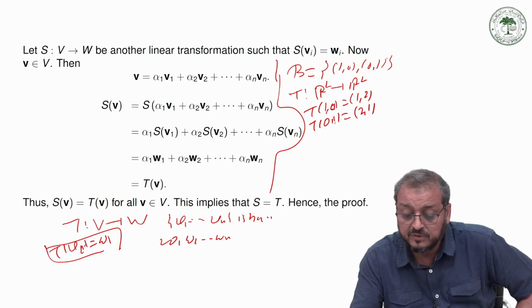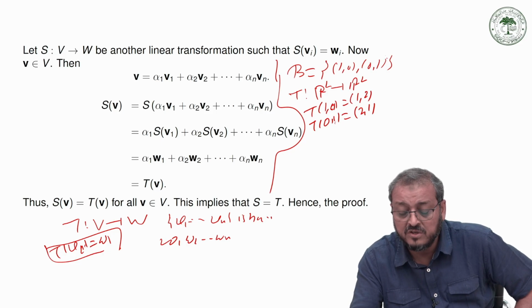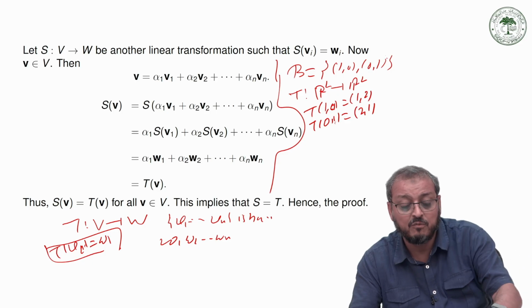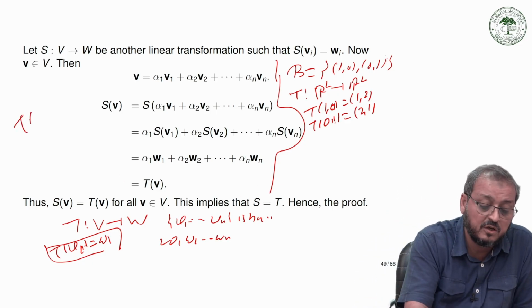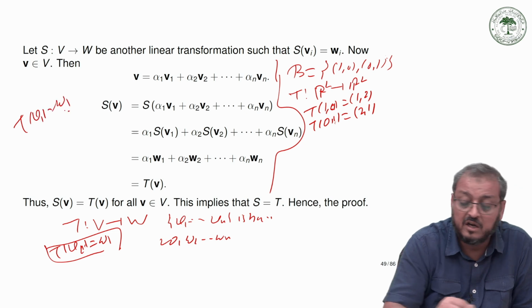Since this is a basis, we can find the general formula by this method. The theorem says T of vi can be represented as wi.